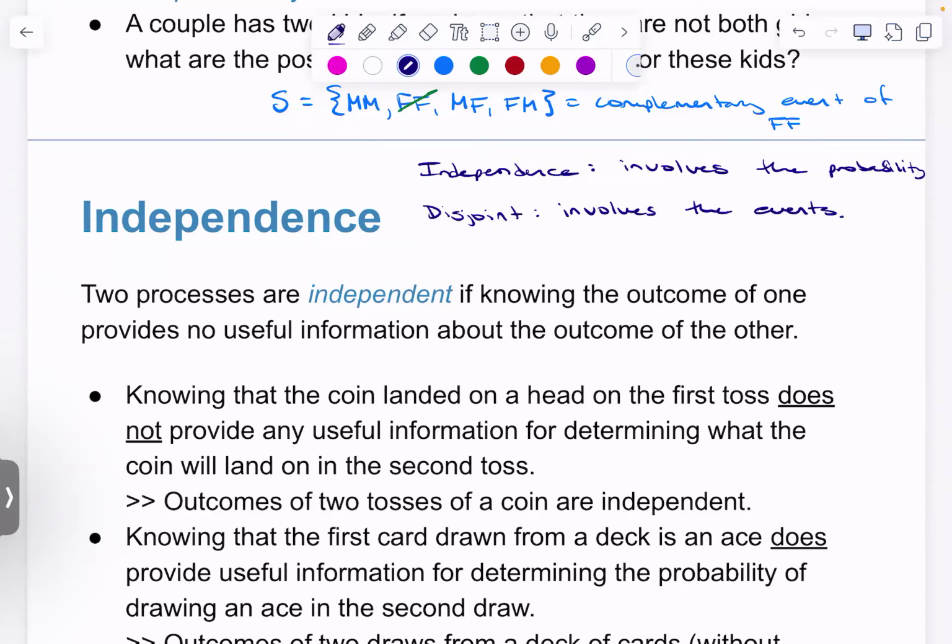So now we're talking about independence. If knowing the outcome of one provides no useful information about the outcome of the other. There are many non-independent events, right? But just like disjoint, we start here and it'll become a special case.